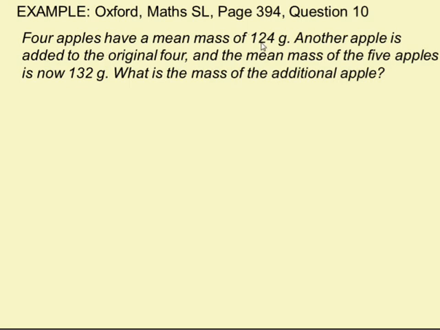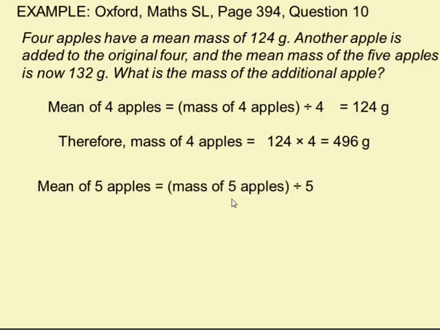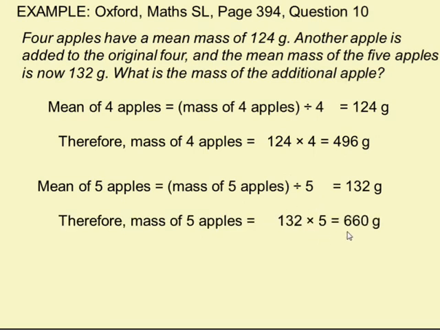So what do we do? Well, 4 apples has a mean mass of 124, so the mean is the total mass divided by 4. So the total mass is 124 times 4. So the total mass of your 4 apples is 496. The mean of 5 apples is 132, so the total mass of 5 apples is 5 times 132, which is 660.